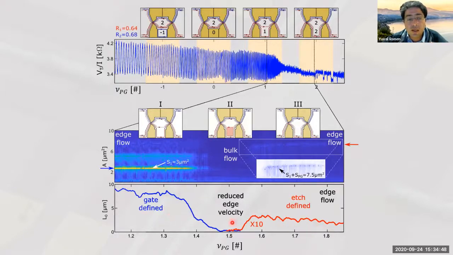And it shows you that the gate defined is an order of magnitude higher in coherence length relative to the edge defined. So we are still able to see interference in the edge defined, but the coherence length is much, much shorter, okay? And this is actually important because, in the end, you want to make schemes for Fabry-Perot, and this teaches us that we have to use gate-defined Fabry-Perots.